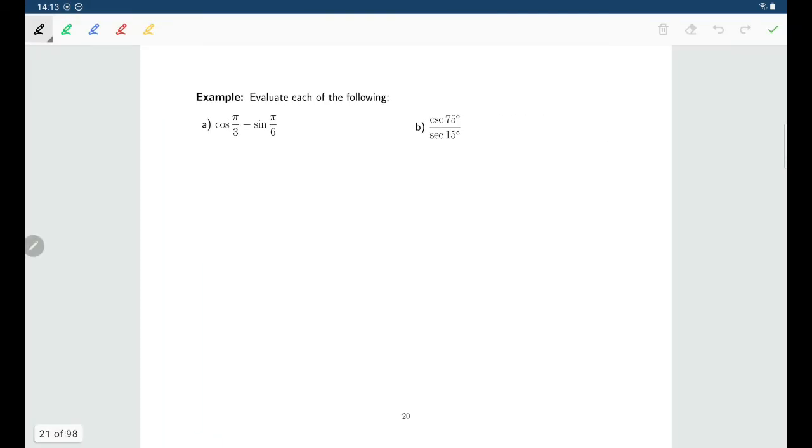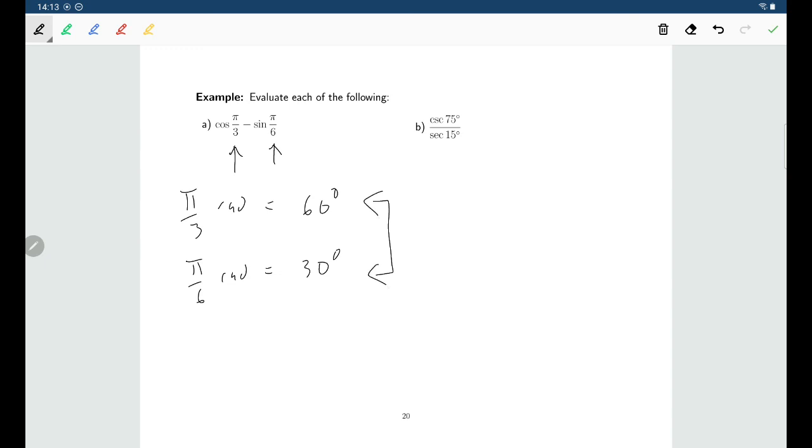And that means for things like this, we actually can evaluate these even though we don't know yet how to find cosine of pi over 3 or sine of pi over 6. The reason we can evaluate them is, if you're thinking in terms of degrees, pi over 3 radians is the same thing as 60 degrees, and pi over 6 radians is the same thing as 30 degrees. So these definitely are complementary angles.